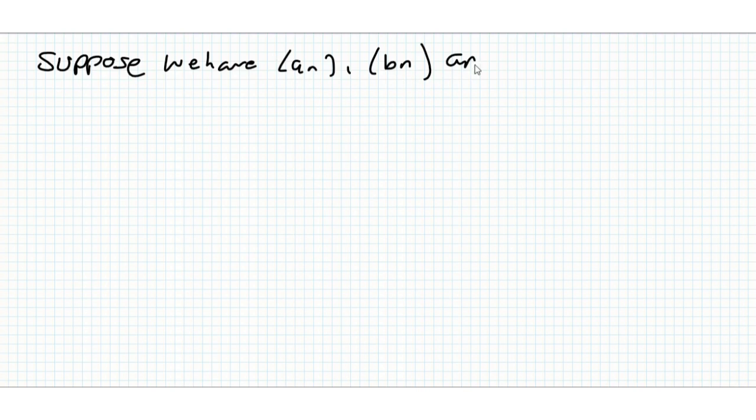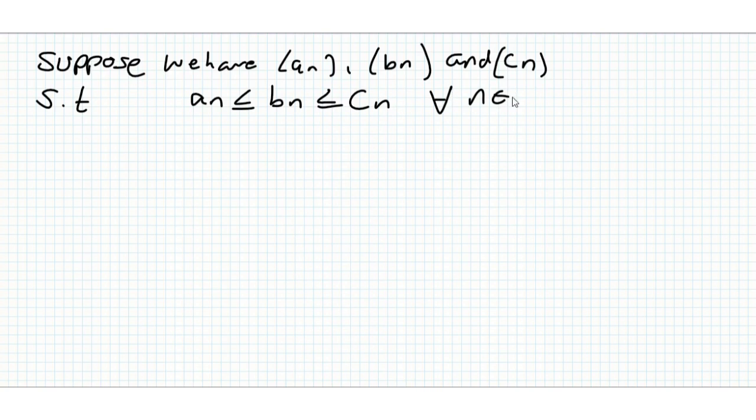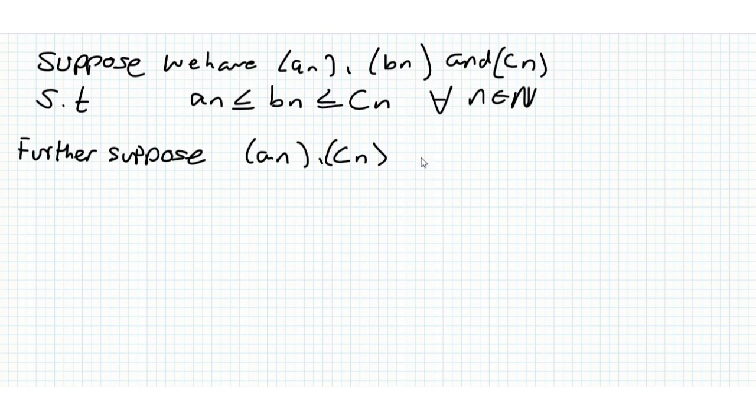Suppose we have sequences (an), (bn), and (cn) such that an is less than or equal to bn, is less than or equal to cn for all natural numbers n, and then further suppose (an) and (cn) both converge to alpha, some real number.